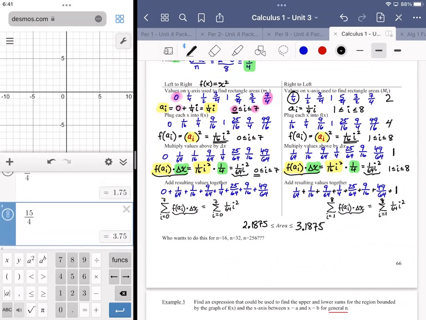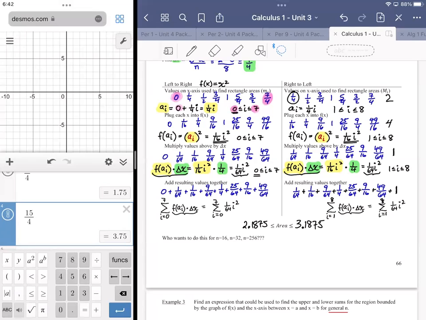It was the same bounded region. We should end up with the same area. But what we're getting here is a higher degree of accuracy. This is telling us that if we increase the number of rectangles, we're going to get a truer estimate of the area, because the previous computations gave us an estimate of the area somewhere between 1.75 and 3.75.